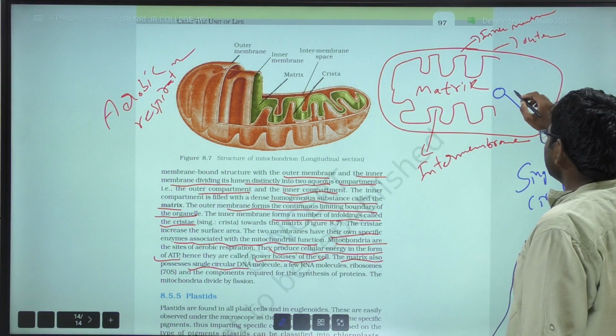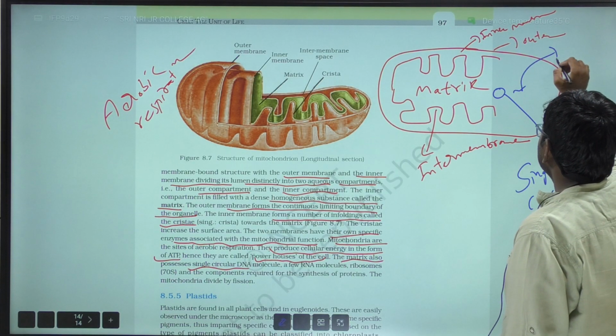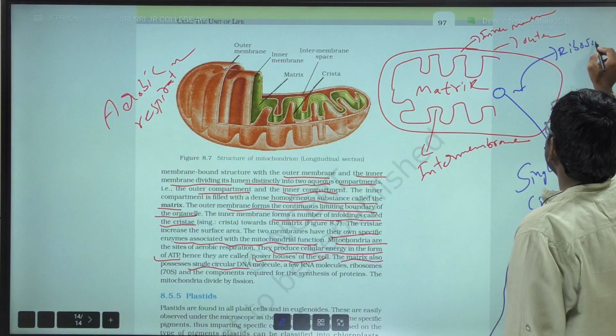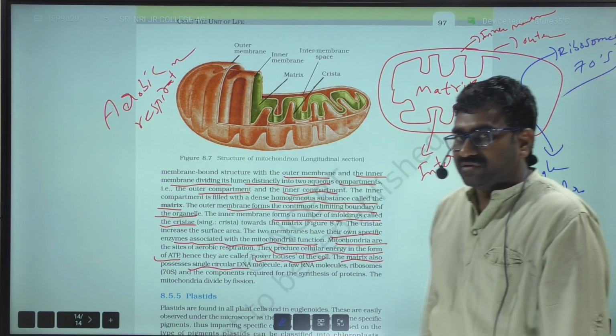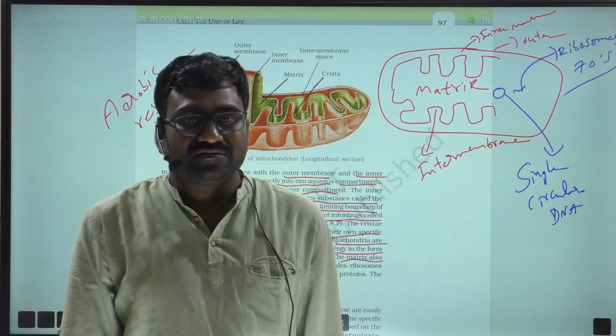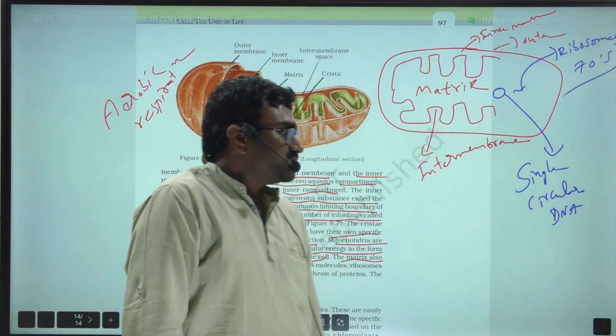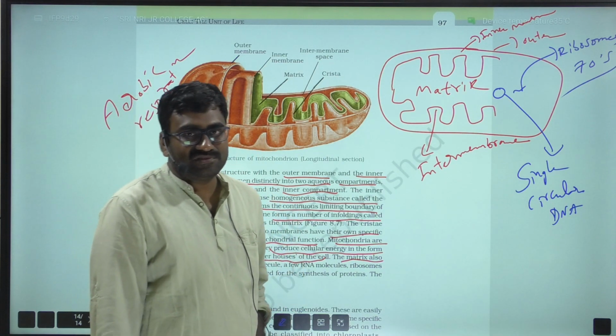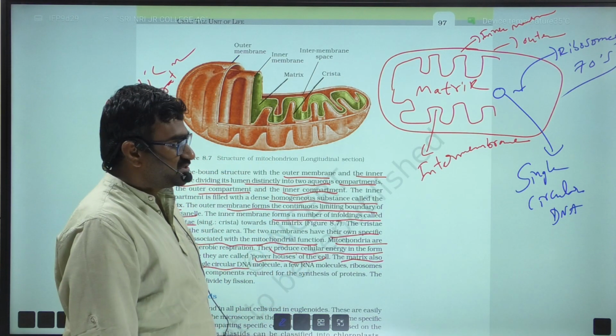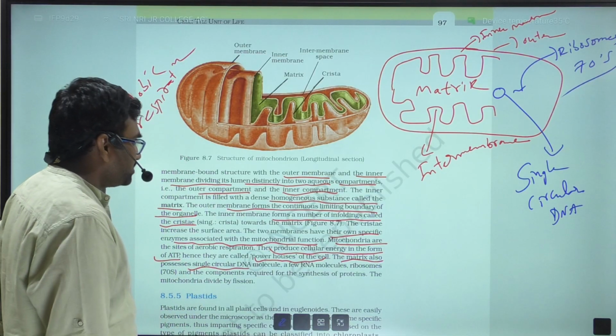It also possesses ribosomes. These are 70S ribosomes, whereas in eukaryotes we will find 80S ribosomes. But in mitochondria and chloroplast we find 70S ribosomes, which are equivalent to the ribosomes of prokaryotic cells.